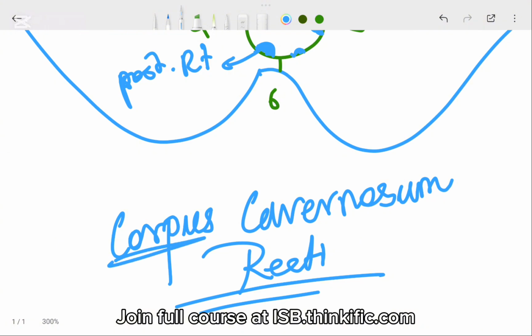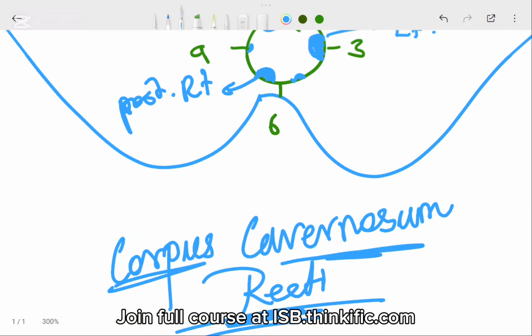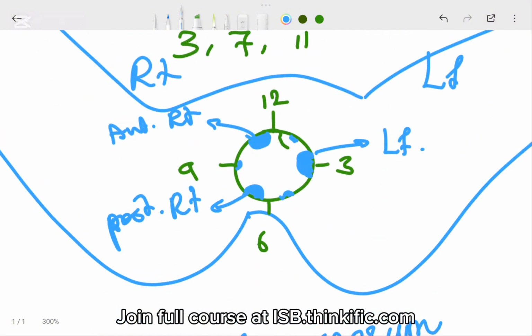That's why they call them corpus cavernosum recti, although they are not exactly in the rectum, they are above the dentate line in the upper anal canal. Okay, all right. So that's about the anal cushions and their clinical correlates.